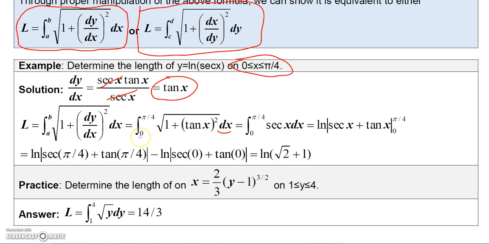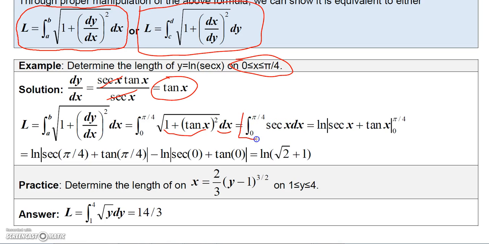But I'm integrating with respect to x, so I use those limits, 0 to pi over 4. Now 1 plus tangent squared x is secant squared x, and if you take the square root of secant squared, you just get secant.